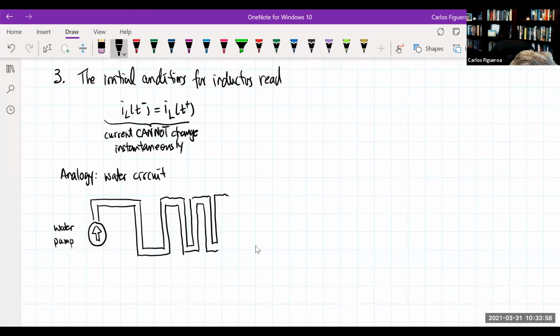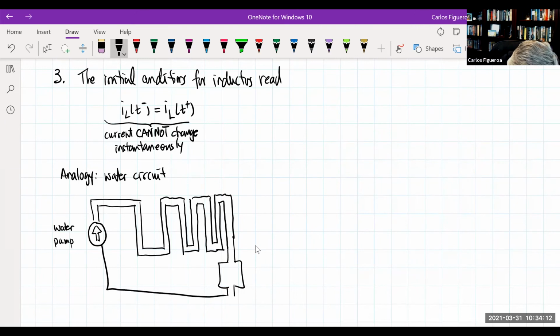I could have a whole bunch of these turns, but let's say it looks like this, and maybe you have some device here, and then the water comes back around.